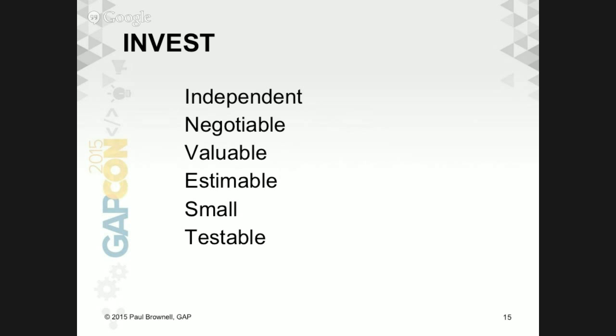Independent, meaning that whenever possible, your user stories stand alone. There aren't dependencies on other user stories. If you have dependencies on user stories, try to build them as a stack, not in parallel, but have them operate serially so that you can complete step one of the story before you complete the user stories on top of it.